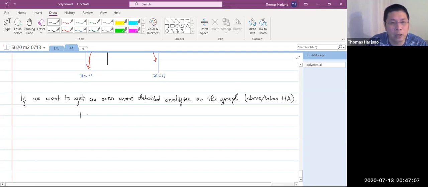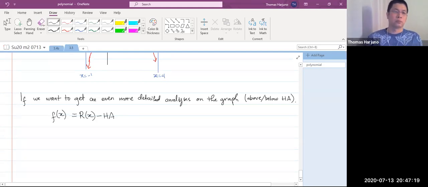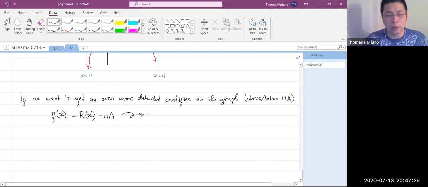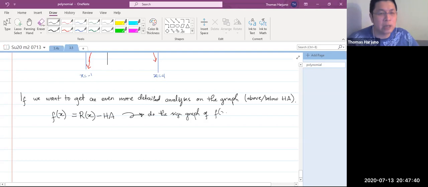You do R(x) minus the horizontal asymptote and call that a new function, and then you find the sign graph of this new function f(x).